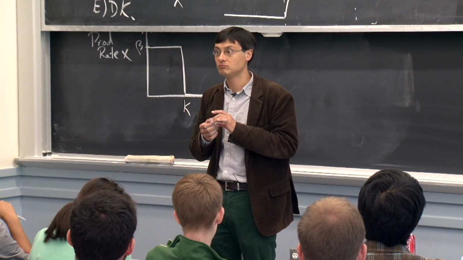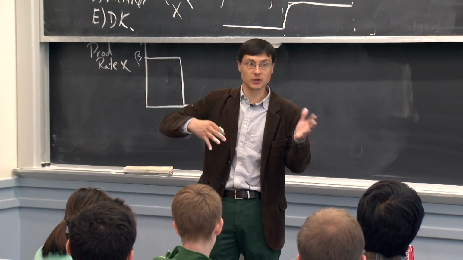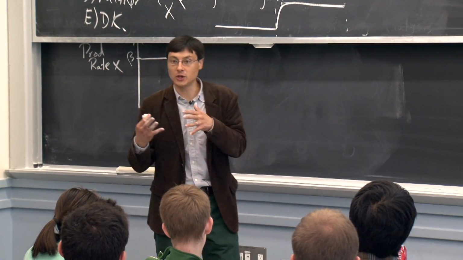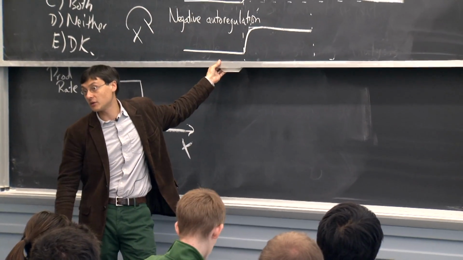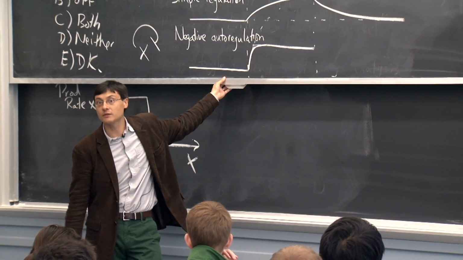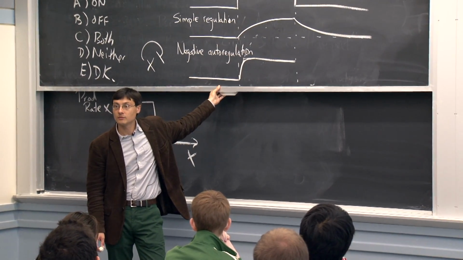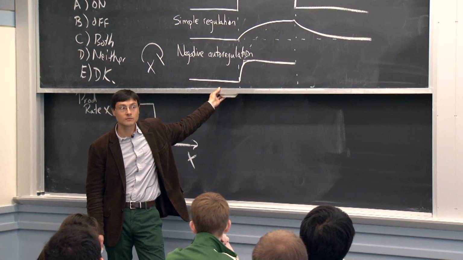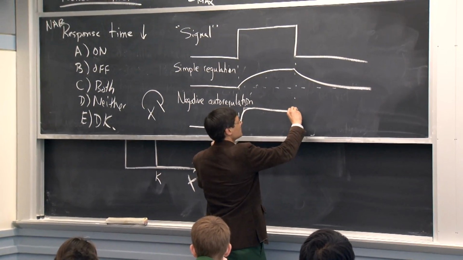No. Of course we could have both negative autoregulation and active degradation, but right now you can have negative autoregulation without any active degradation. In that case, how long does it take for the concentration to go away when you stop expressing? A cell generation time. So this actually looks exactly the same as this.